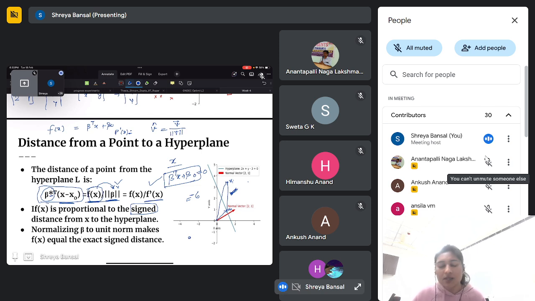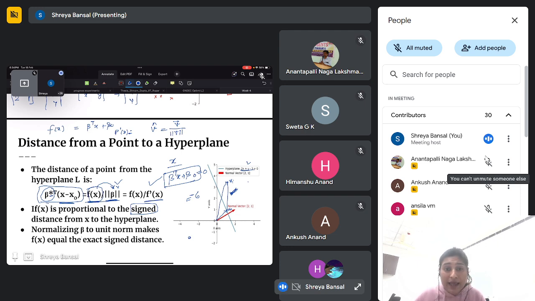Till now we are saying there is a line. I'm talking about 2D here so that you can easily visualize. There is a line which has some equation like beta 1 x plus beta 2 x plus beta naught is equal to 0. The first property is that the betas are always perpendicular to this line. Secondly, this line will give you some value. Let's say this line is equal to 0, it means this is your hyperplane.